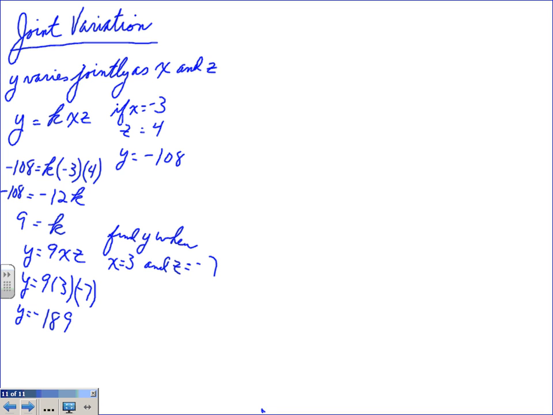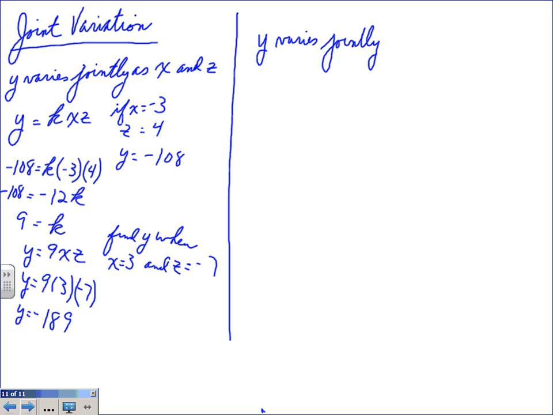Now combination. How would you write this? Y varies jointly as x and z and inversely as w.